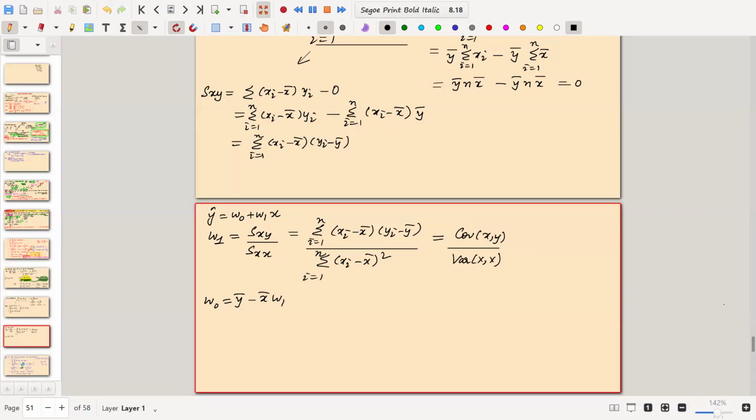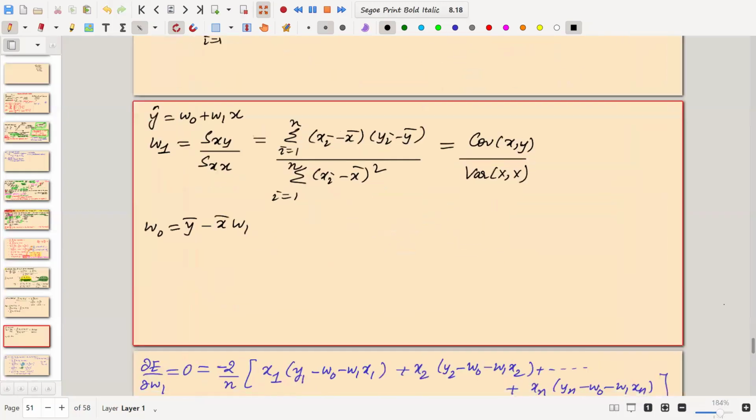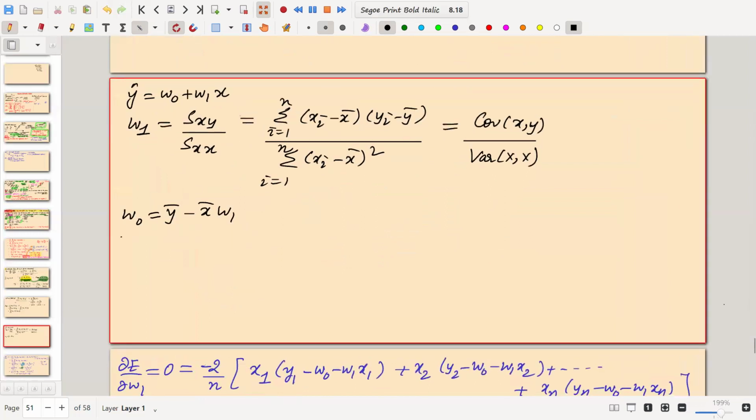Let's check that. So what should be the case? Can you tell me? Dou 2E by dou w naught 2 is equal to what?